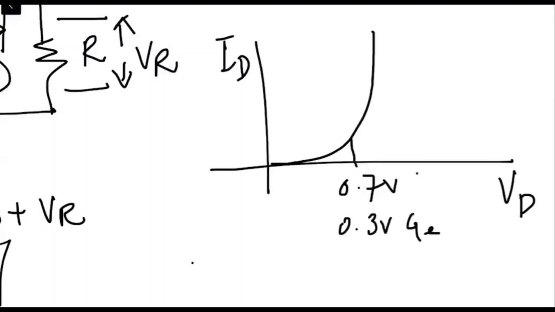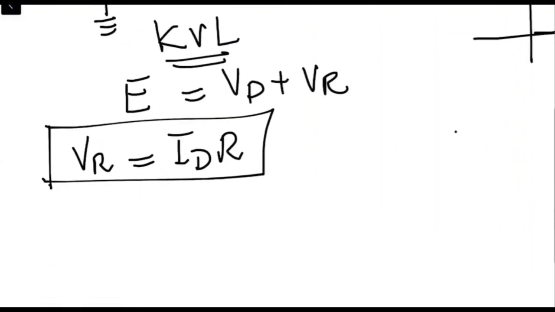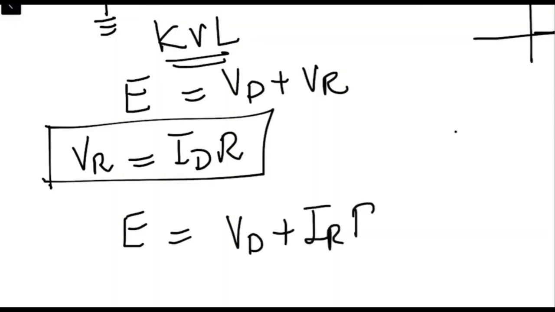For germanium it is 0.3 volts, for silicon it is 0.7 volts, right? Now, if we see this equation, E is equal to VD plus VR, or replacing VR with ID into R, the equation becomes E is equal to VD plus ID into R, right?